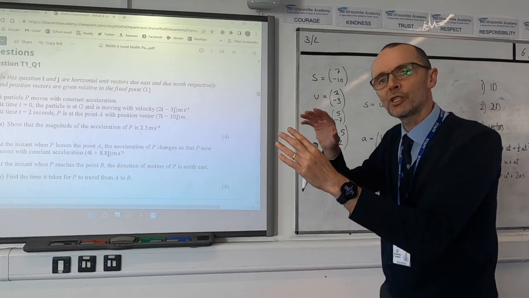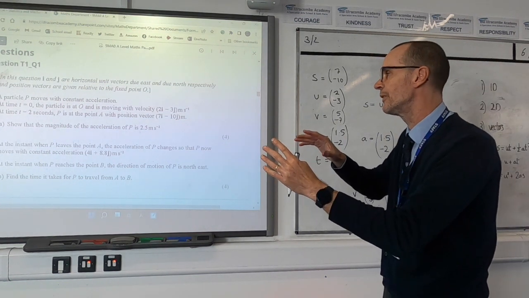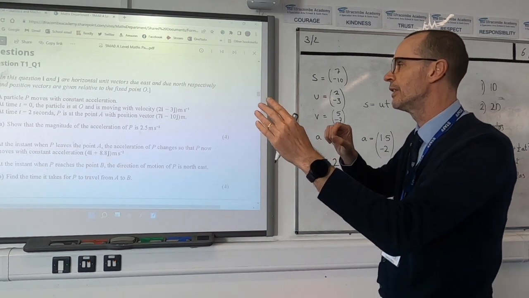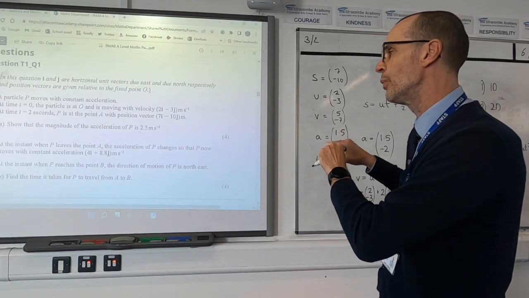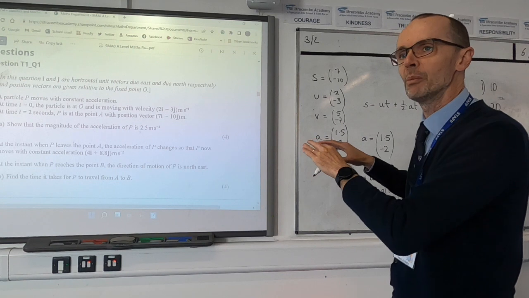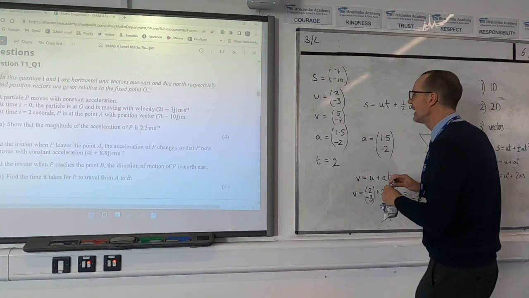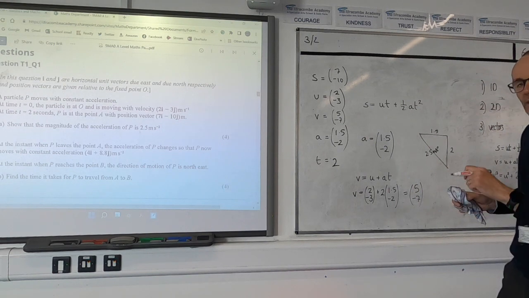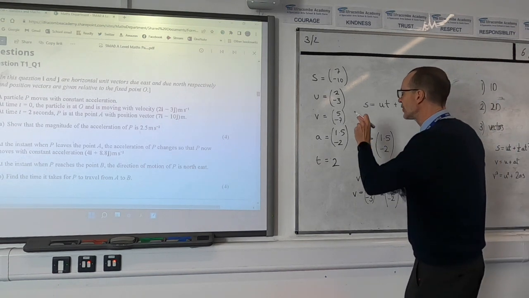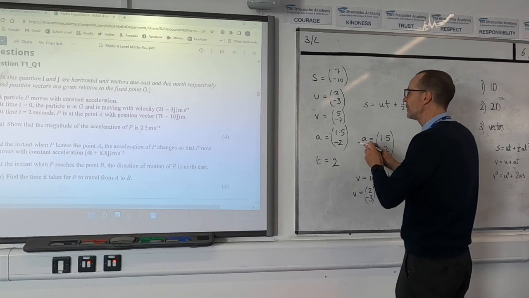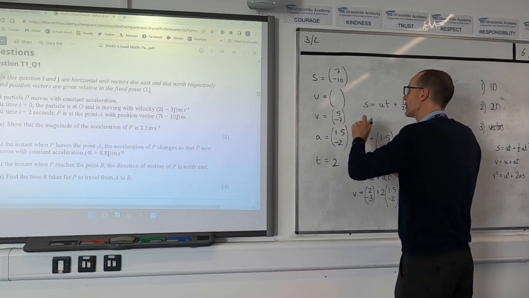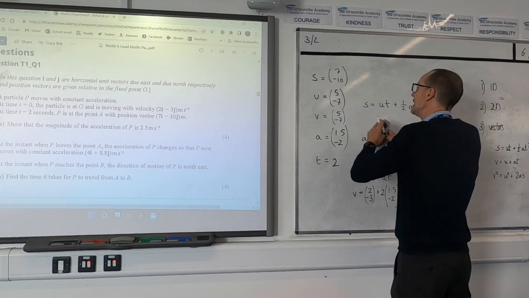Because this is a two-part journey. So we've got the first 2 seconds take us from the origin to P. We then carry on moving. So we reset at this point and say, okay, let's now set the clock to 0. So the velocity at the point it reached P is now my initial velocity.